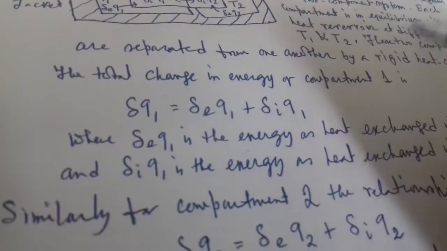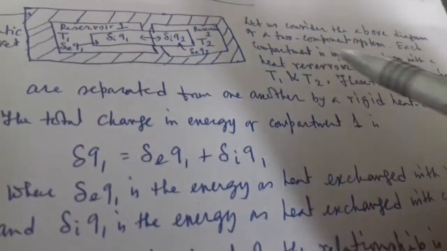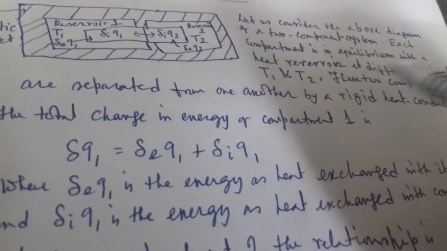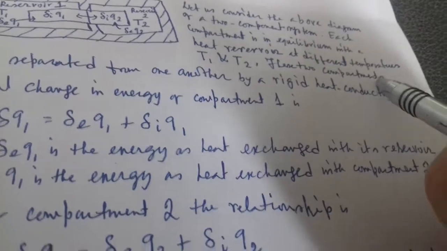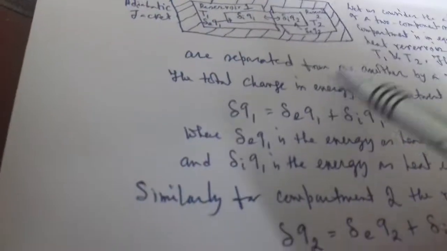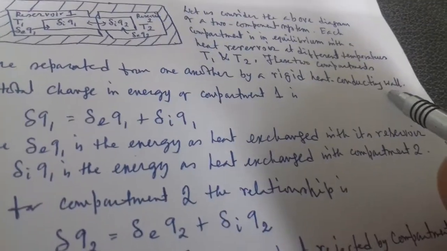Each compartment is in equilibrium with a heat reservoir at different temperatures T1 and T2. These two compartments are separated from one another by a rigid heat conducting wall.